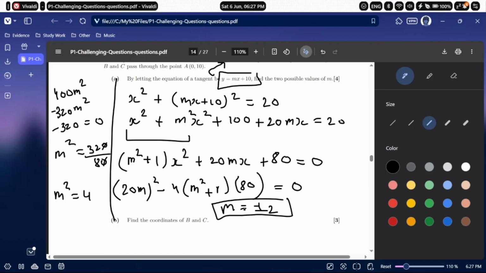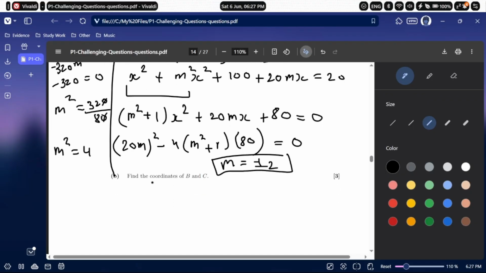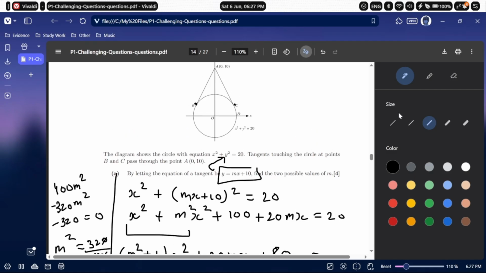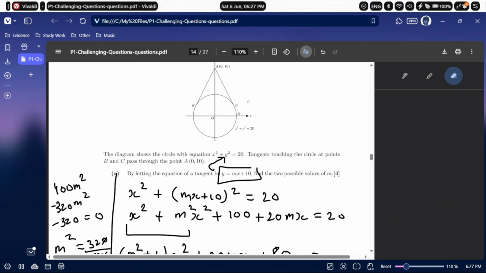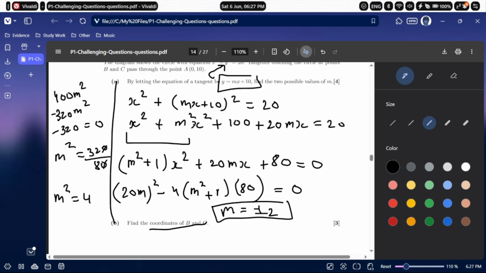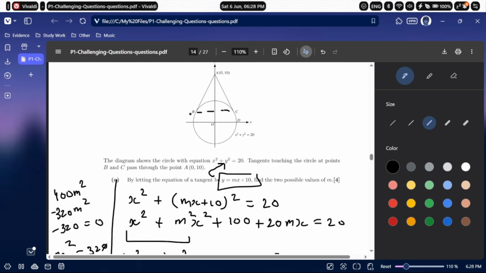Okay. Now you just find the coordinates of B and C, right? Just to save time, keep in mind that the y coordinate of B and C would basically be the same because of symmetry. And technically because of symmetry, if you get the x coordinate of one of the points, the other point would have the negative of that.